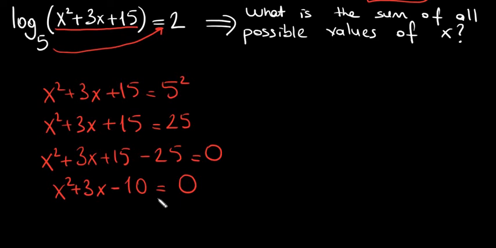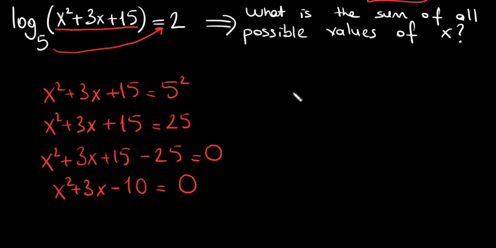Alright, so after this step, you can just factorize this quadratic expression, and then you can find the roots of this quadratic equation. Or we have actually this rule for quadratic equations.